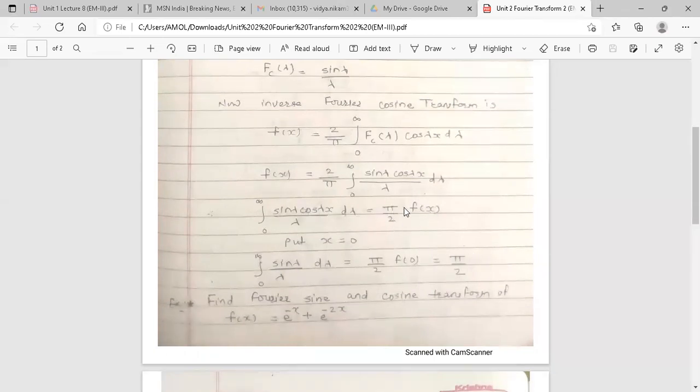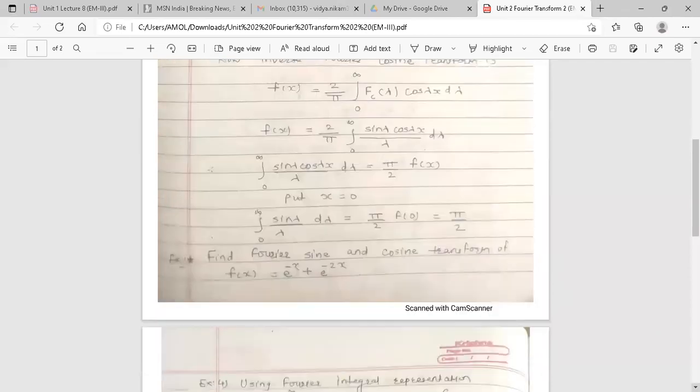When x is 0, f of 0 is 1, and so 1 into pi by 2 is pi by 2. So the answer is pi by 2. This is the solution for the first example. Find the Fourier integral representation means you find the inverse Fourier transform and then you will get its Fourier integral representation. That is the meaning.